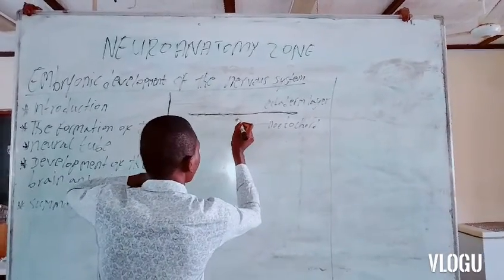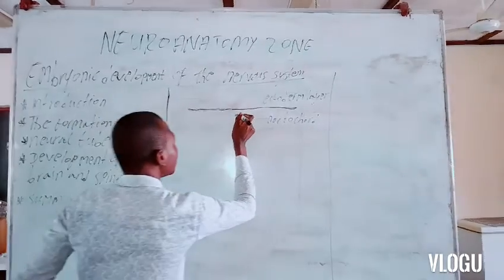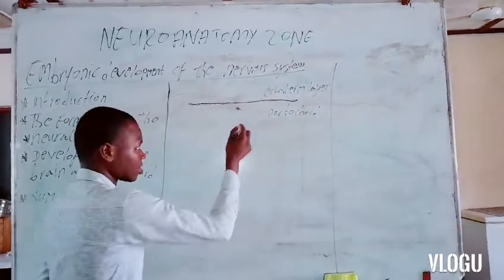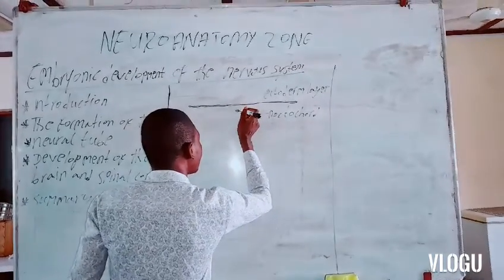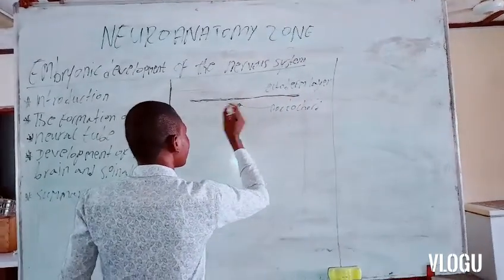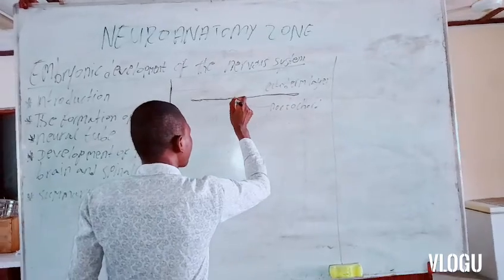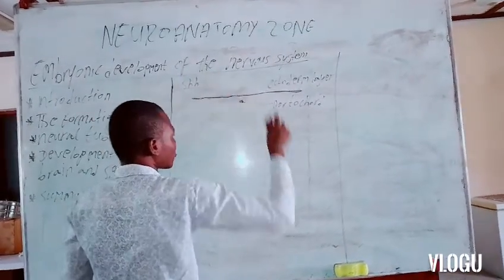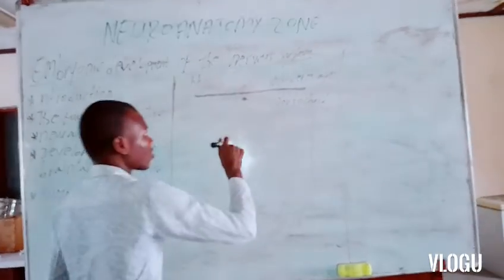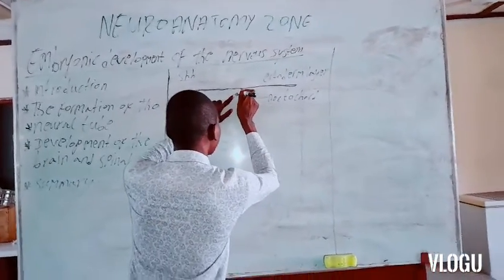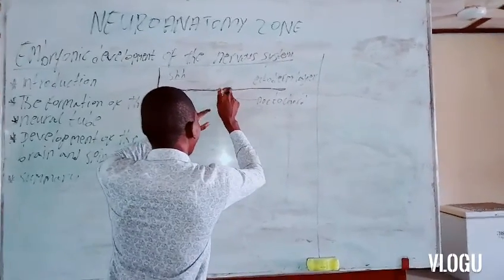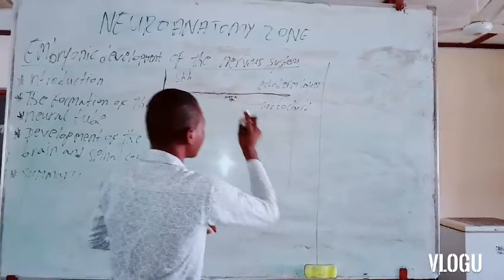Now, the notochord will begin releasing some chemotactic proteins that are known as sonic hedgehog, SHH proteins for short. These chemotactic proteins are released by the notochord, and they are concentration dependent.